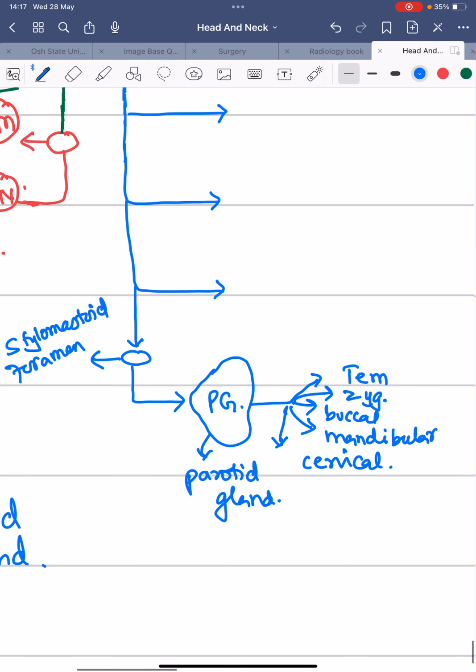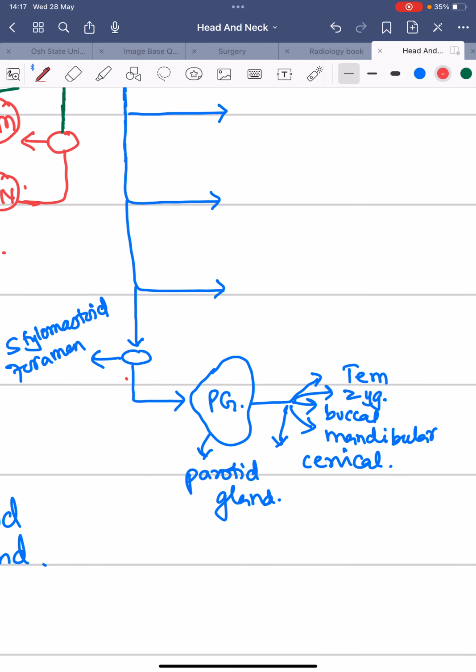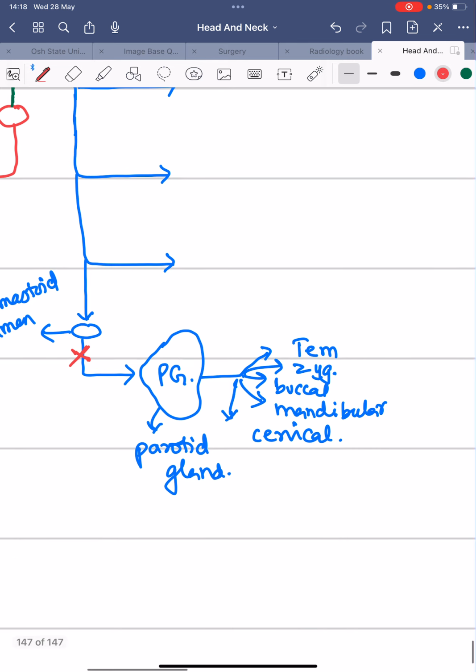Now see here, if the patient has a lesion here after the stylomastoid foramen, all these muscles become non-functional and the patient will develop what? Bell's palsy. The patient cannot close the eye, there will be no wrinkles, on the same side, not on the opposite side. It is an infranuclear lesion. Okay, on the same side.